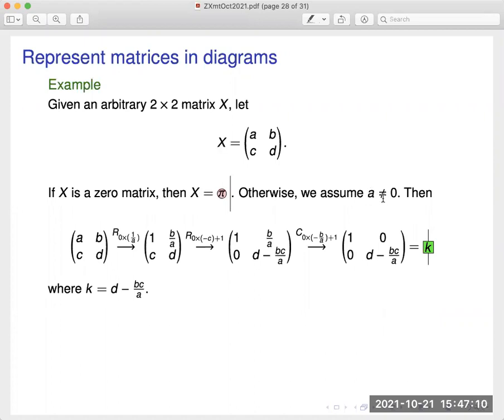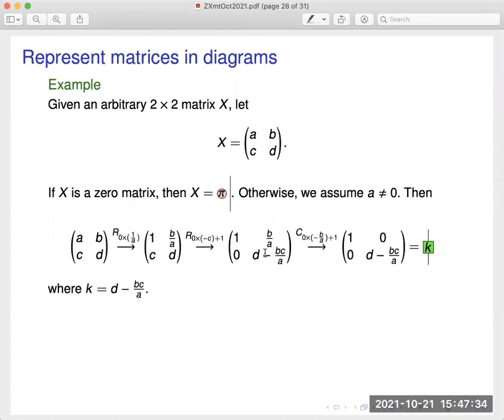So we assume A is non-zero, and then let's do the row operations. We multiply the first row by 1 over A, then we get this matrix. Then we want to cancel this C, so we multiply the first row by minus C and add it to the second row.